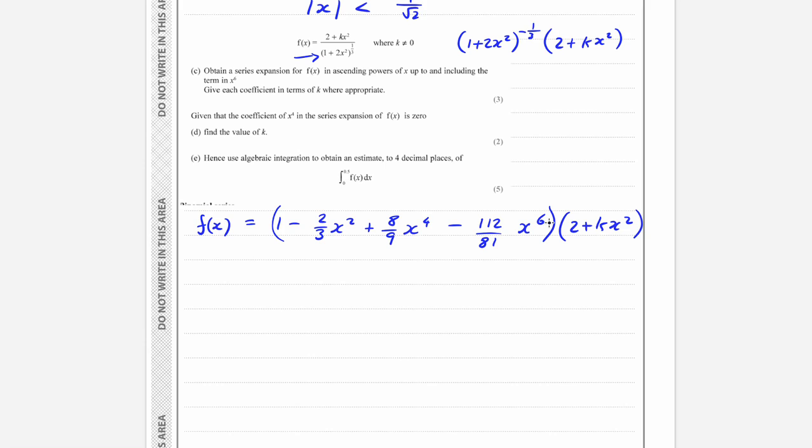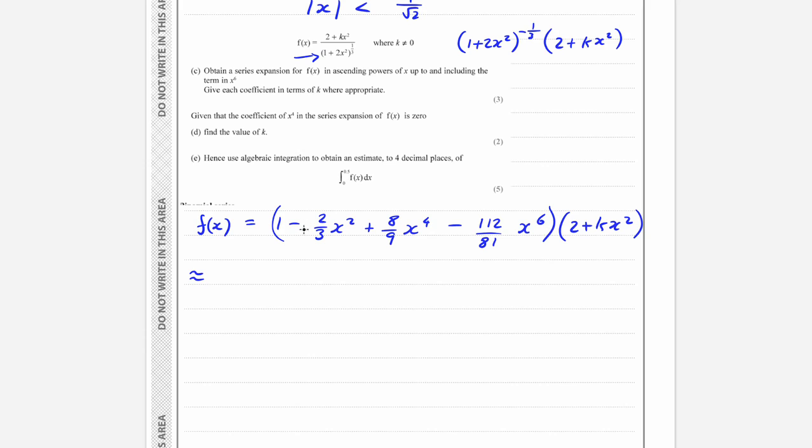Okay, now he wants a series expansion up to x to the power of 6. So I'm going to say approximately equal to, and I'm going to do the 2 first. First I'll do 2 times all of this, and then I'll do kx squared times all of this.